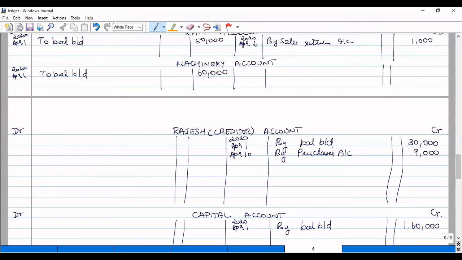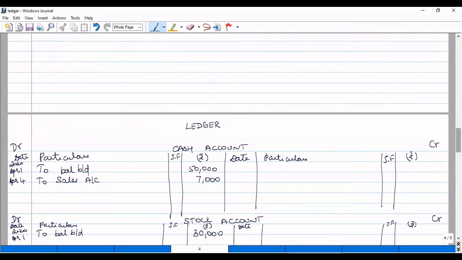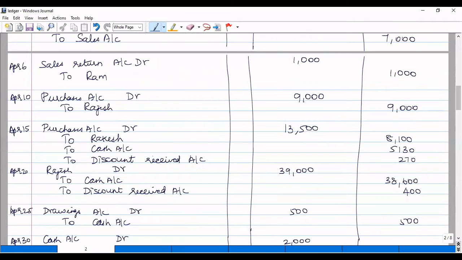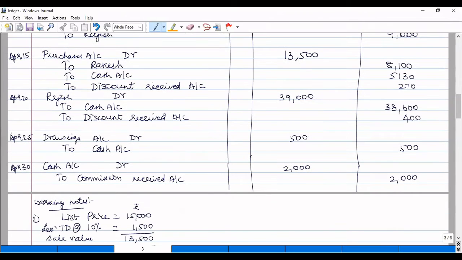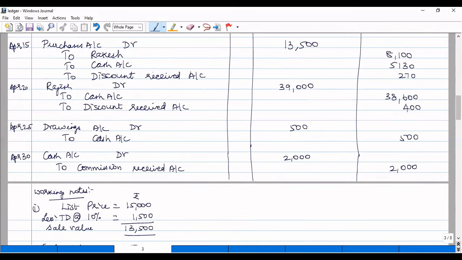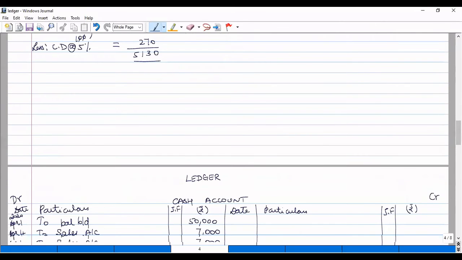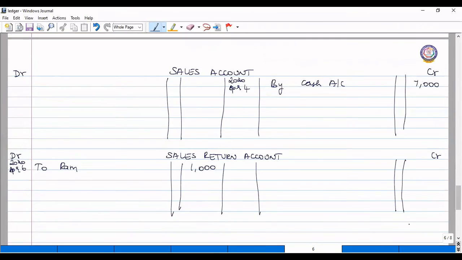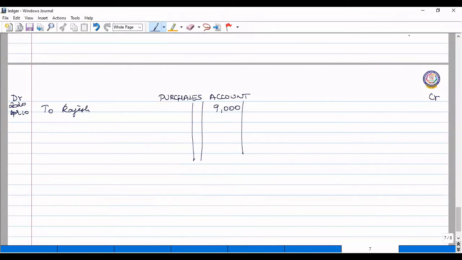Okay. Now coming to the next transaction on April 15th, purchases account debit to Rakesh to cash account to discount received. First, we will go to purchases account debit. So here also purchases account has to be debited on the respective date, but we have made credit purchase.